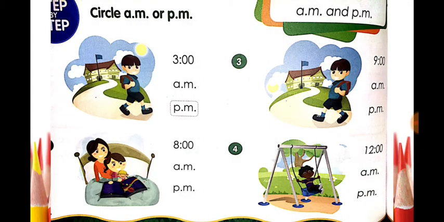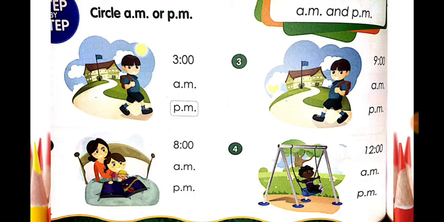Now let's circle together and see which is the right hour. Here I have a 3, and you can see the boy just leaving the school.